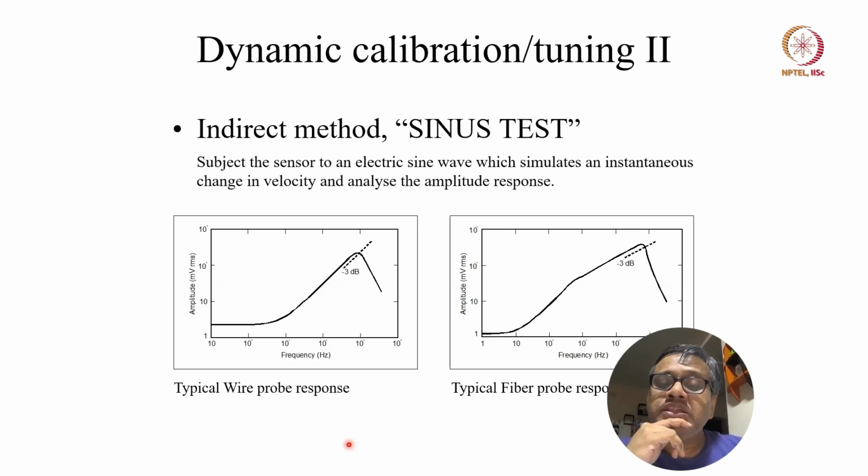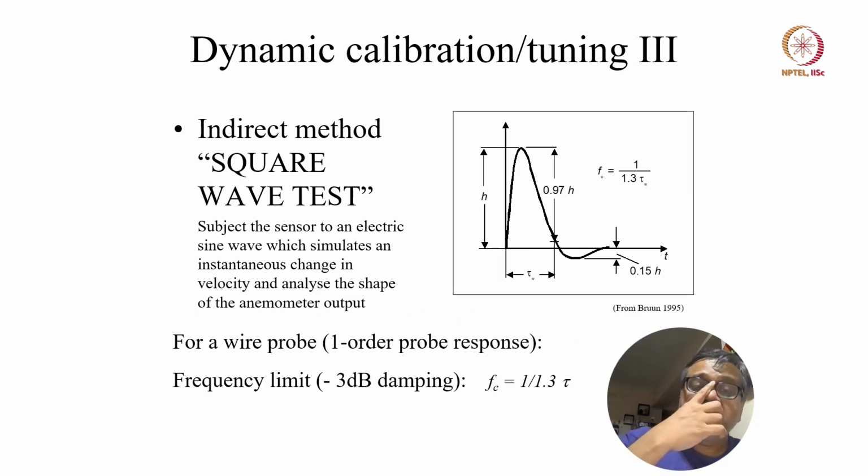So this is a little on the tough side. This indirect method of sinus testing is where you subject the sensor to an electric sine wave which simulates an instantaneous change in the velocity, and analyze the amplitude response. Okay. So there are indirect square wave tests also. You subject the sensor to an electric square wave which simulates an instantaneous change in velocity, and you analyze the shape of the anemometer output to see the response time.